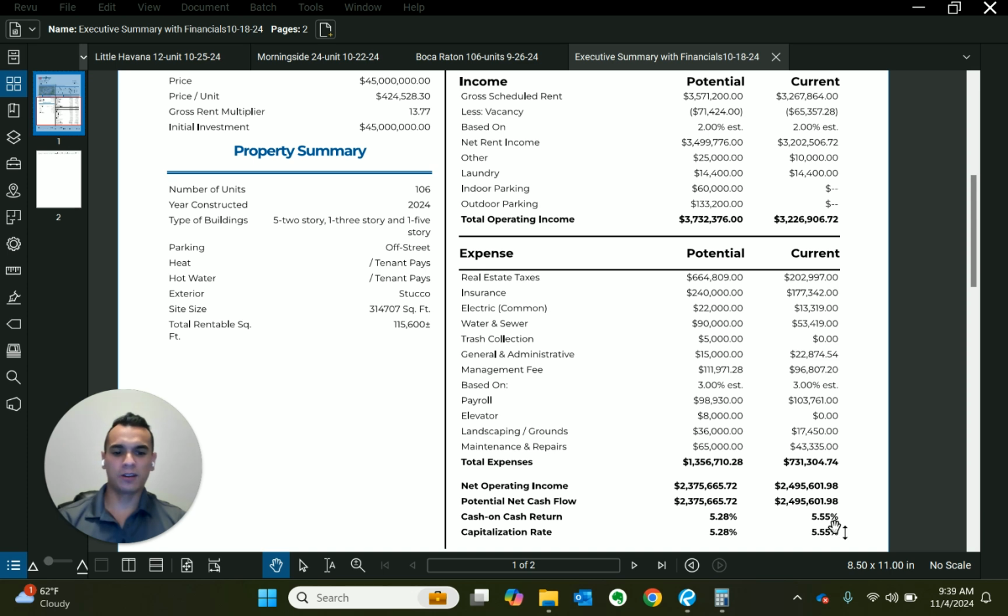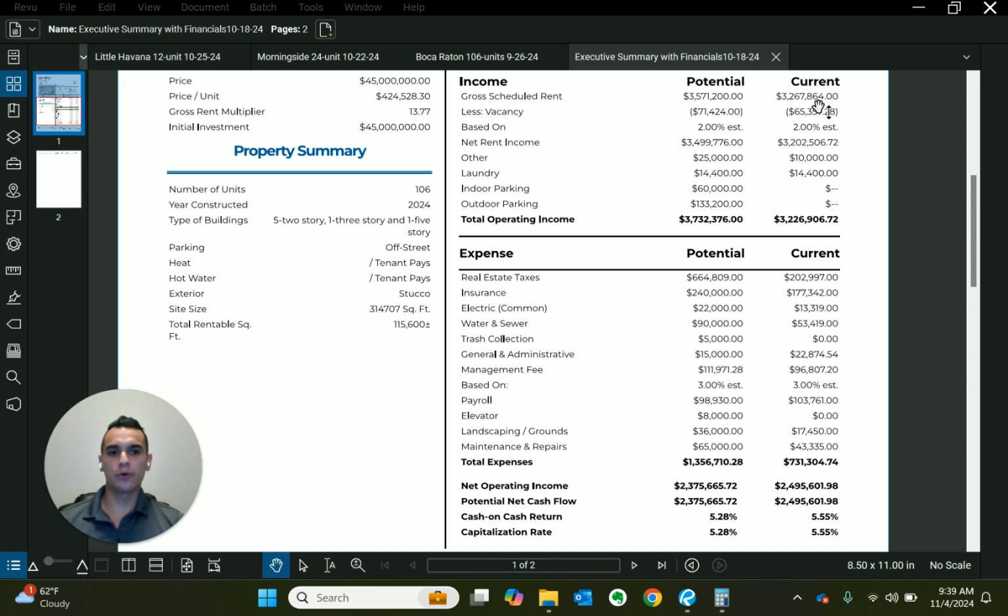Here we have cash on cash capitalization rate 5.5% for current. But weirdly, it goes down to 5.28% potential. Very strange. I've never actually seen it go down, so let's do some investigating why.